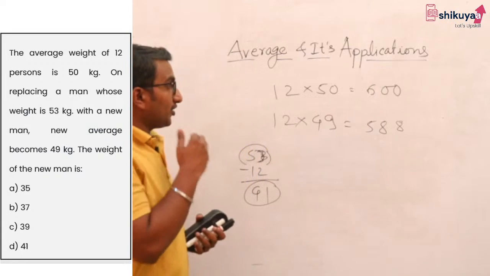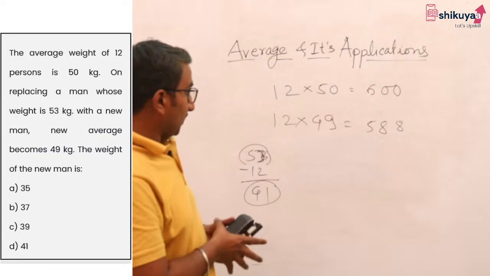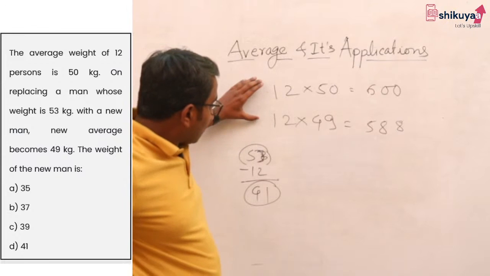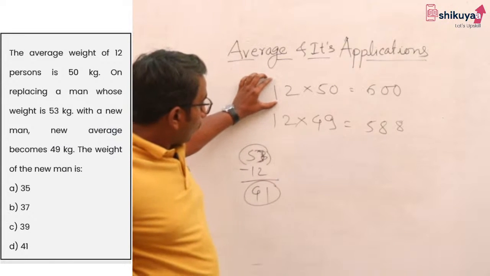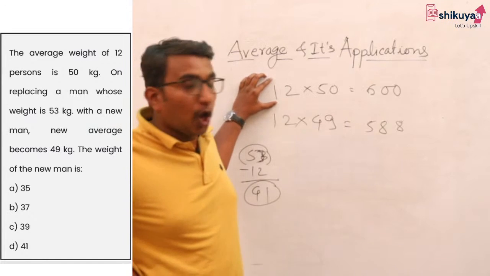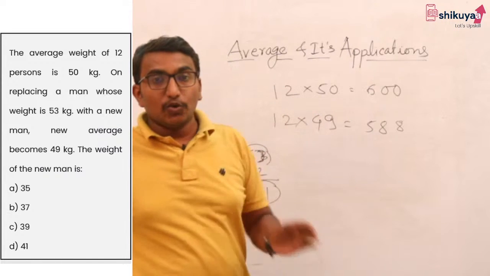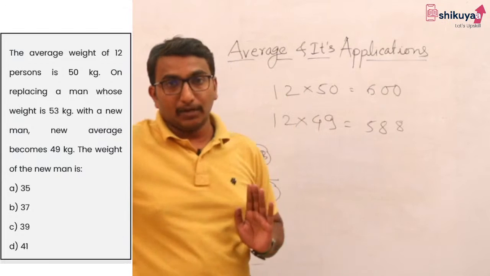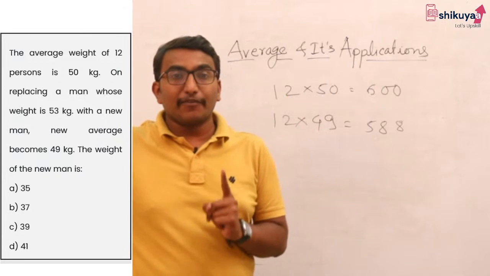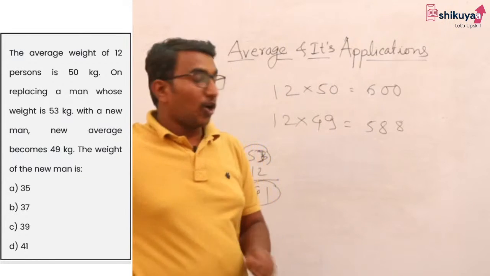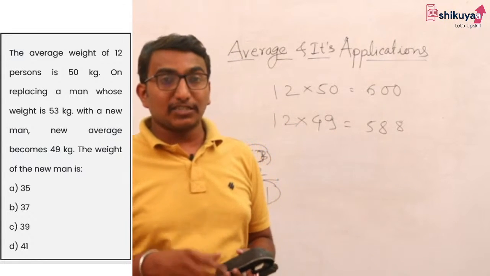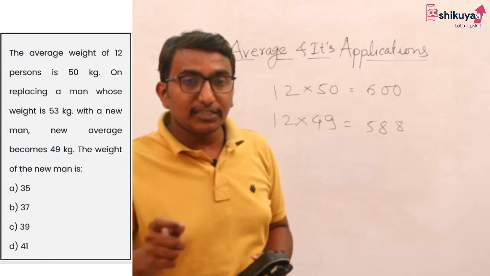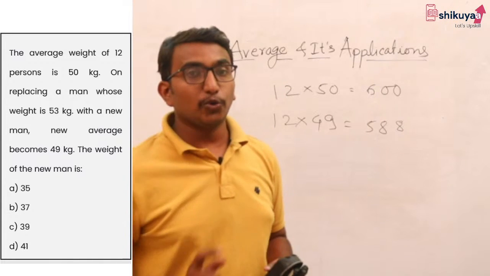Again with logic, how can you calculate? See, try to understand. There is a subtraction of one from the average weight of all 12 people. So the actual subtraction from each and every person's weight is 1 unit.